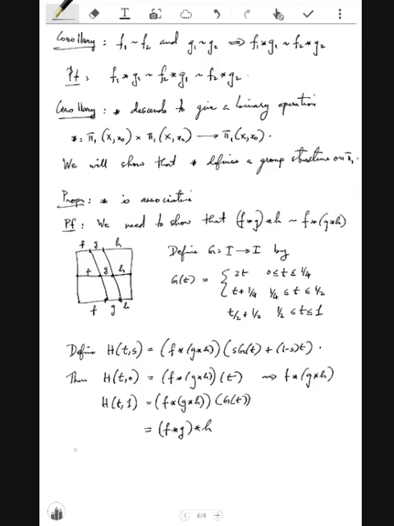And for each s, we have H of 0 comma s, so we have to put t equal to 0.